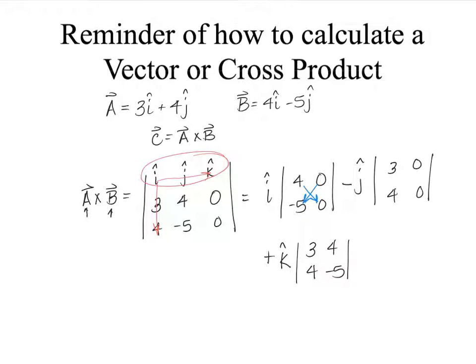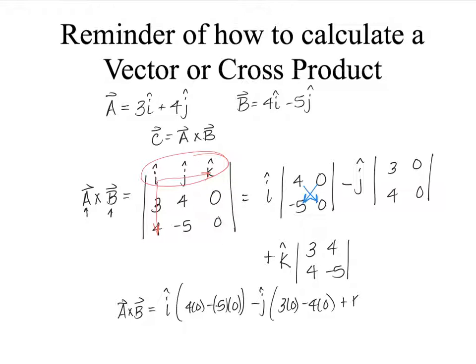So for A cross B, for the i term, we get 4 times 0 minus -5 times 0. For the j term, we'd get 3 times 0 minus 4 times 0.